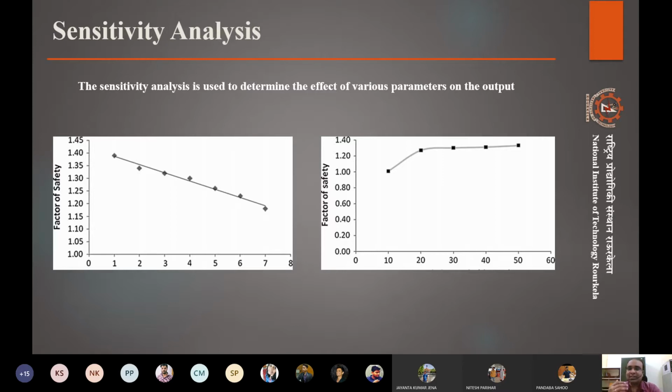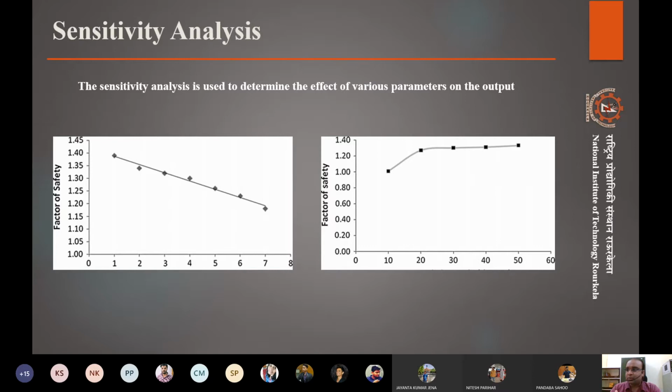So when we say sensitivity of slope angle on the overall stability of a slope, we are assuming that all the other factors are not changing when we are analyzing that one parameter. So that is very important. There are methods of sensitivity analysis that are important to understand, but more important is the concept behind it.